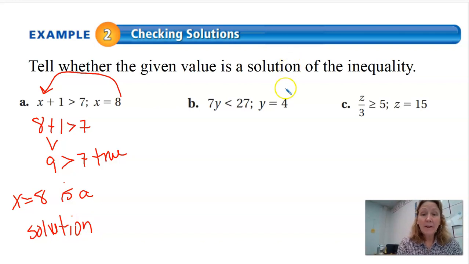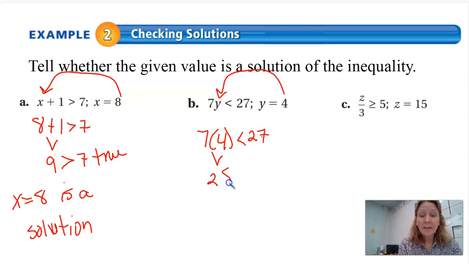All right, the next one, y equals 4. Plug it in. A number next to a variable means multiplication. So I do 7 times 4 is less than 27. 7 times 4 is 28. 28 is less than 27? Now, if you can't remember that this symbol is the less than symbol, it's kind of like an arrow point, you can think about the crocodile always eating the bigger number.